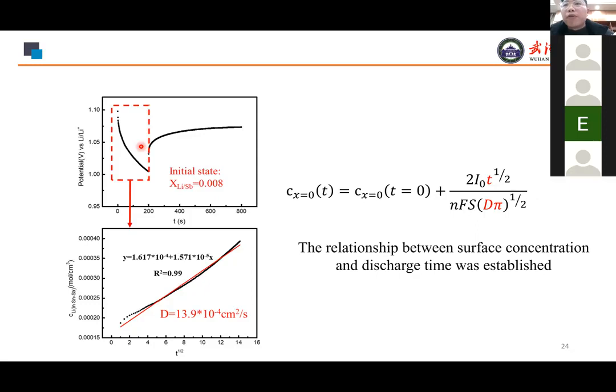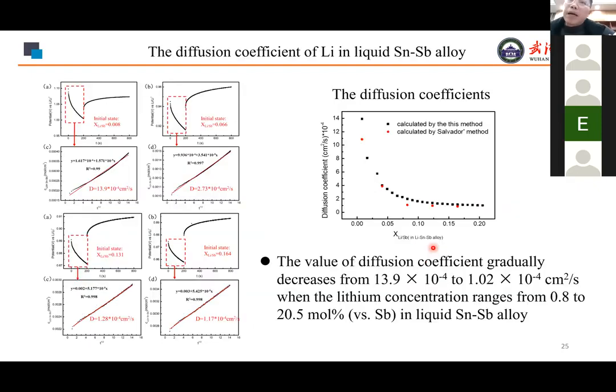Therefore, from the formula of the lithium concentration with equilibrium potential, this potential-time curve can be converted to a surface concentration-time curve, and then the diffusion coefficient can be solved from Fick's second law. By this method, the diffusion coefficients of lithium in liquid alloy with different lithium concentrations are obtained.